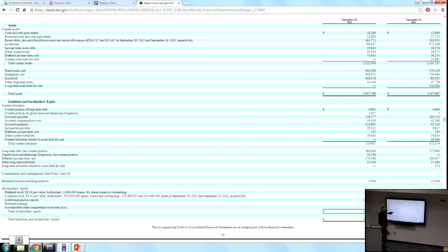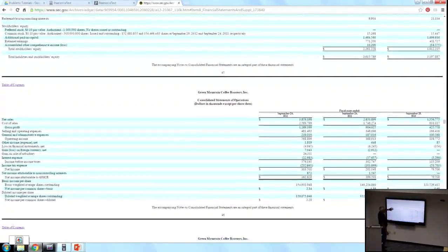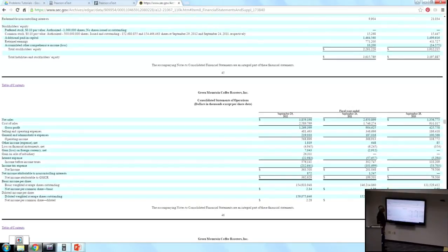So where do we find revenue? To find revenue, we have to go to the income statement. Green Mountain's revenues increased from 2011, which is 2,650,899, to 3,859,198.